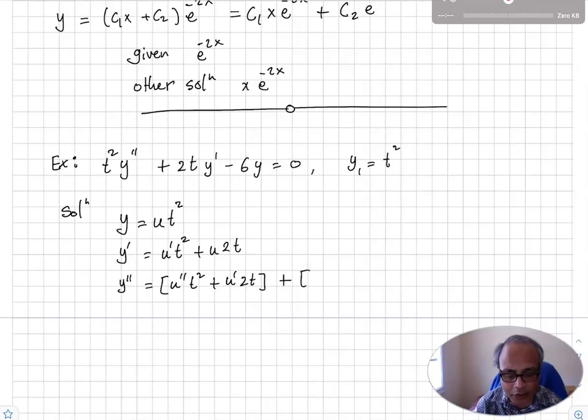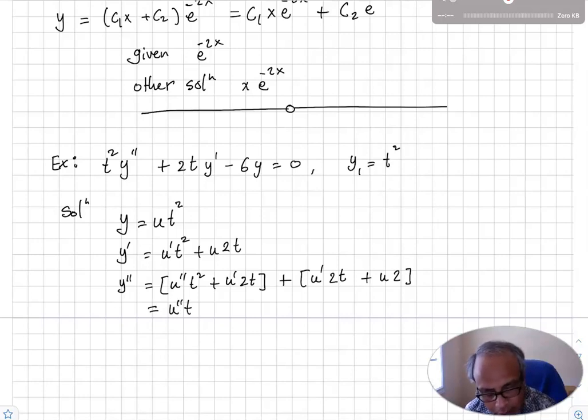So in the second term, 2 times u times 2t, or 2ut. So u prime, we're going to write u times 2t, treat it as this, plus u times 2. Okay. If you wish, you can simplify. u prime 2t, u prime 2t, so u prime times 4t plus 2u.